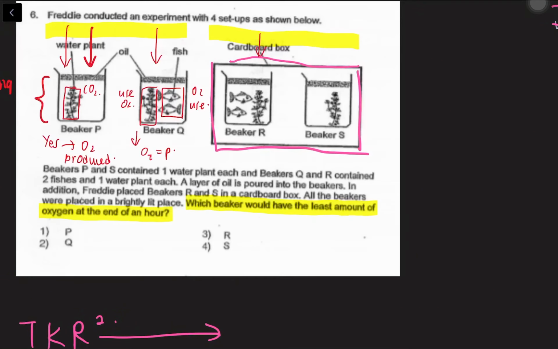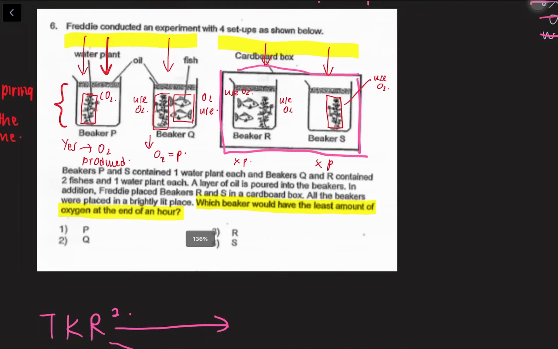There is light, cannot enter. So plant is using O2, fish is using O2, no O2 being produced, so no P. So same thing, use O2, but no produce O2 because of no light.